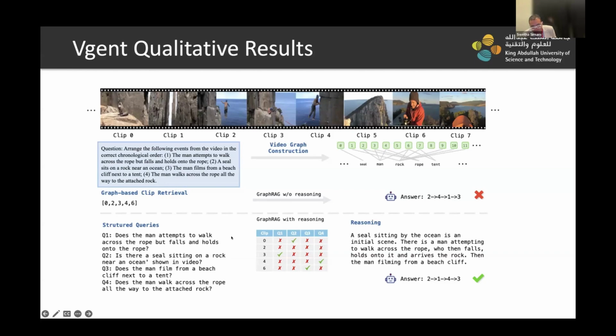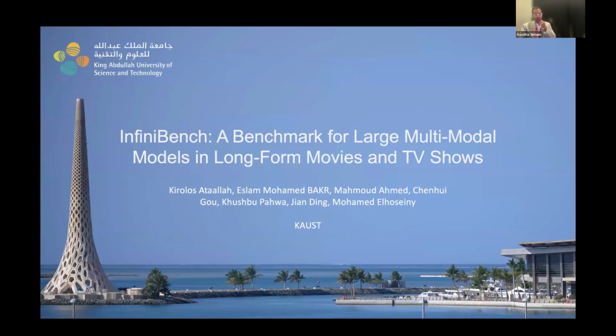These are reasoning questions, right? And then for each one of those, you ask the question on each one of the retrieved clips, and then you have a map of yes, no, and those clips that have no relevant information are then trimmed, and then we feed this reasoning process to the video LLMs to produce the final answer.